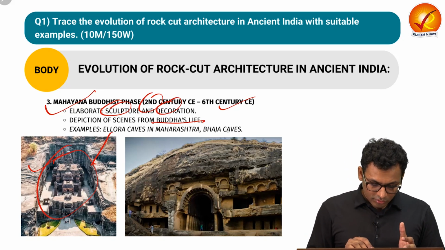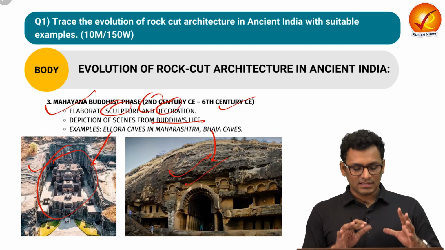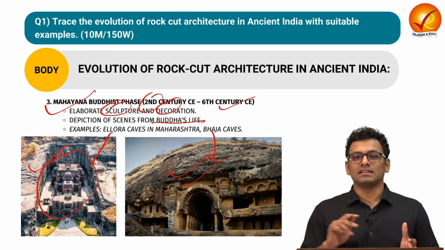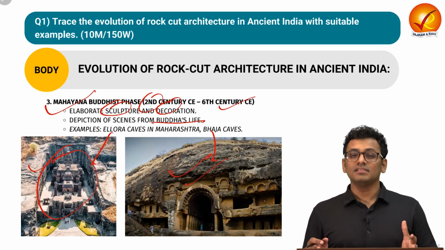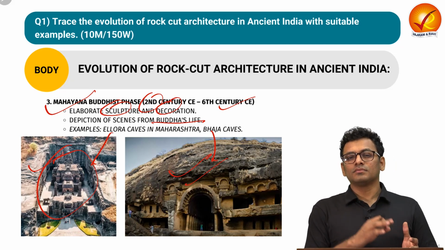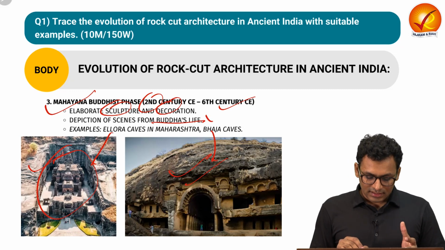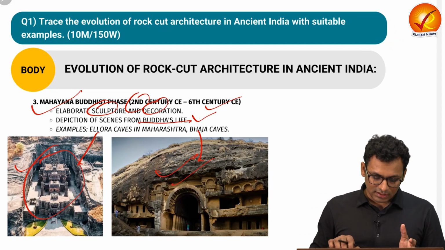You can also talk about the Bhaja caves. So over here we have witnessed that the complexity of the sculptures and decoration is increasing, as well as depiction of Buddha's life, as in now we can understand through sculptures and paintings how the life of Buddha is there. So this is a kind of evolution of the rock cut architecture.